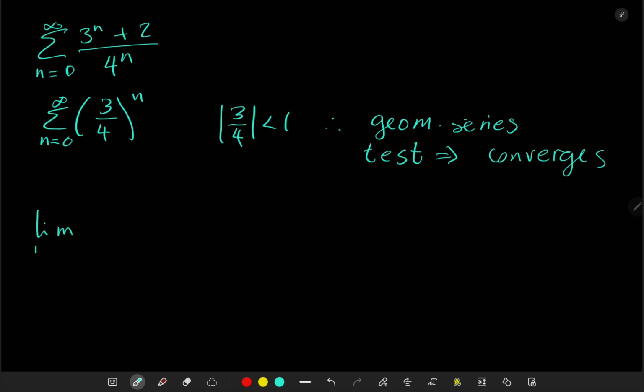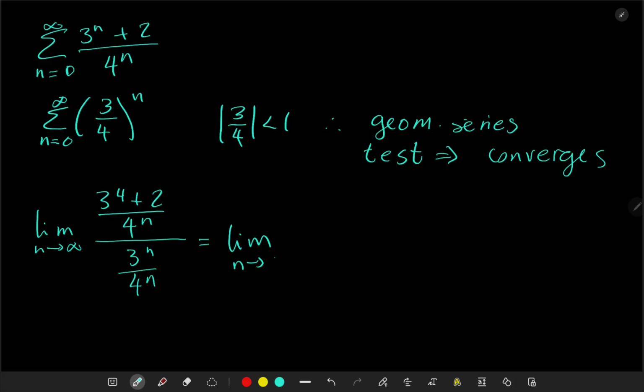So the limit as n goes to infinity of (3^n + 2)/4^n over 3^n/4^n. I'm going to split it because it's going to be more convenient to do it that way. And very often in these you're just multiplying times the reciprocal of the denominator.